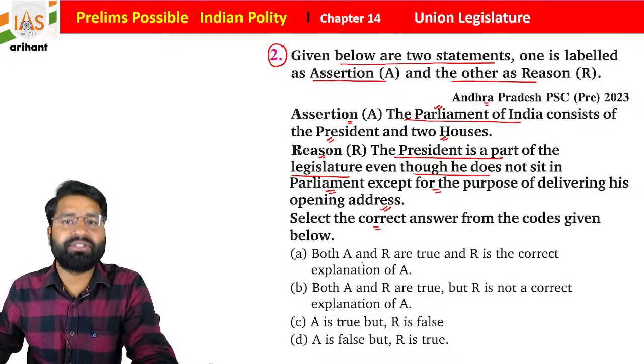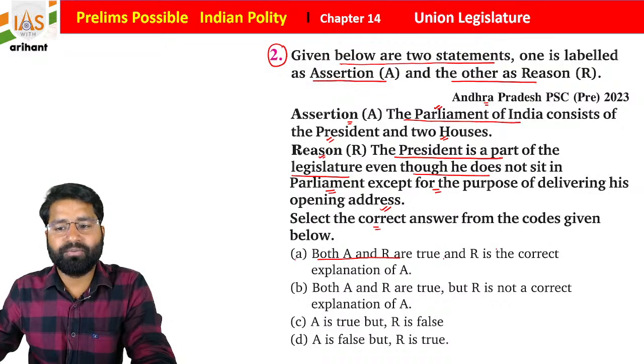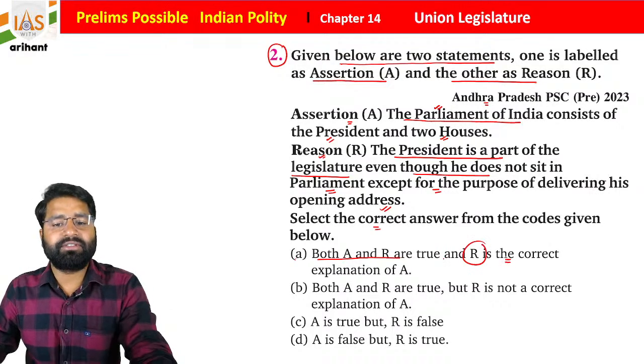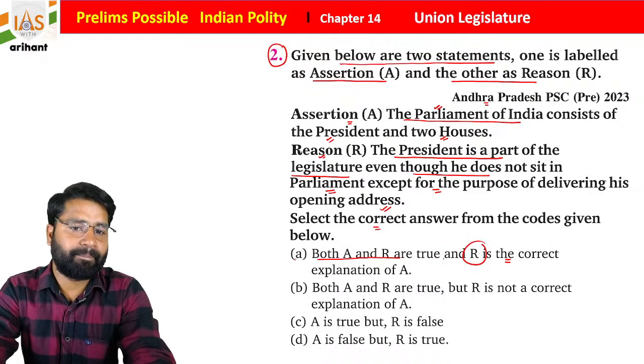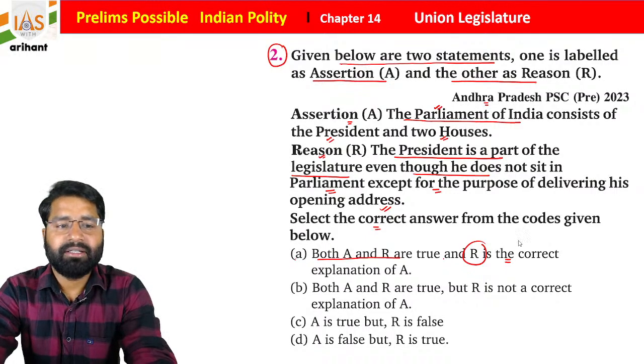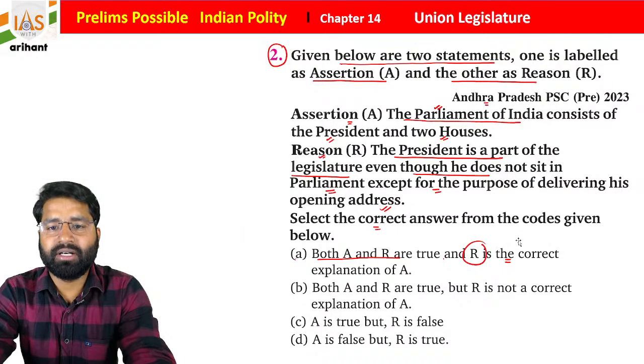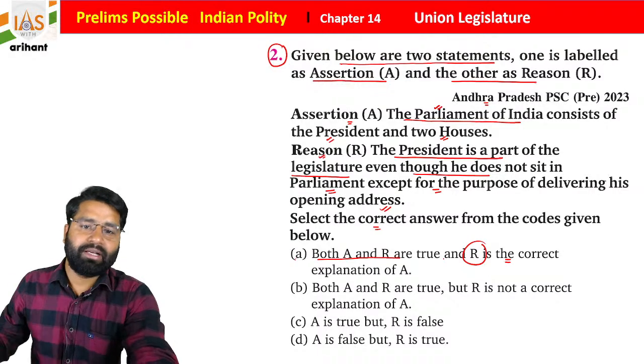Option A says that both assertion and reason are true, and the reason is the correct explanation of the assertion. Okay, everyone. Then B says that both assertion and reason are true, but the reason is not the correct explanation of the assertion.